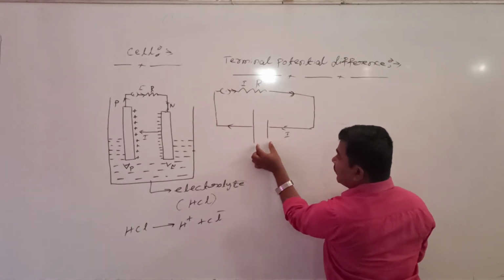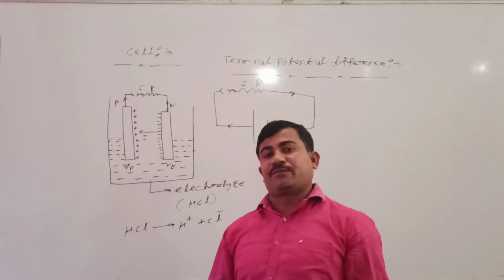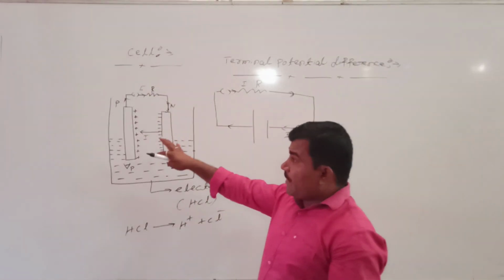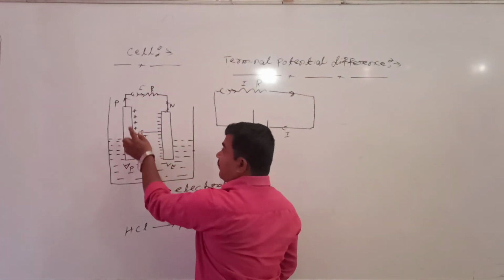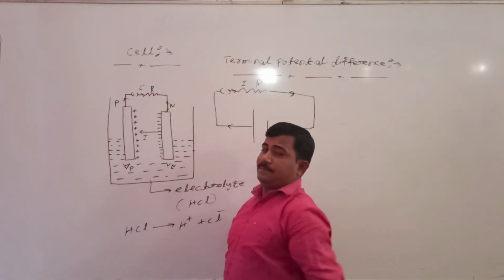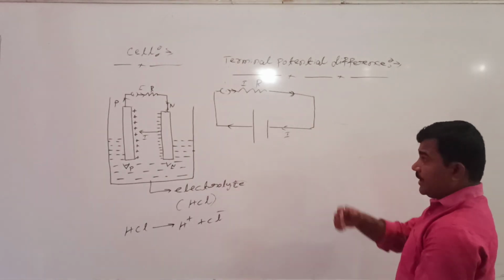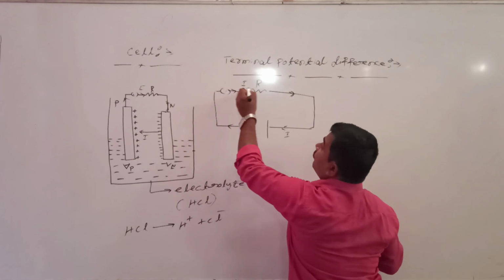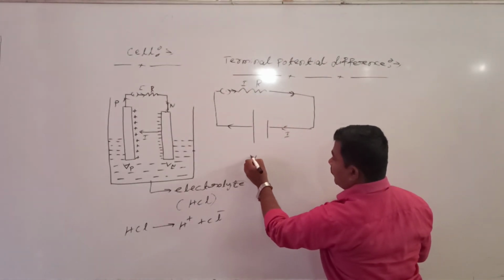Whatever potential difference is developed between the two electrodes of the cell when current is drawn, that we call terminal potential difference. EMF is the potential difference between two electrodes when no current is drawn from the cell. But here, current is drawn from the cell. When current is drawn from the cell, we call it terminal potential difference.